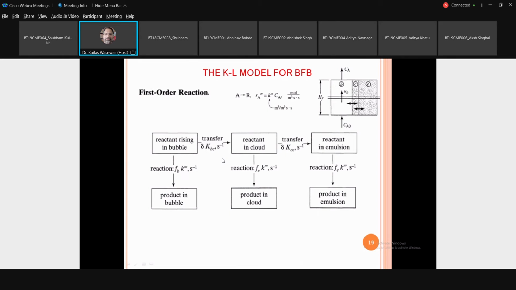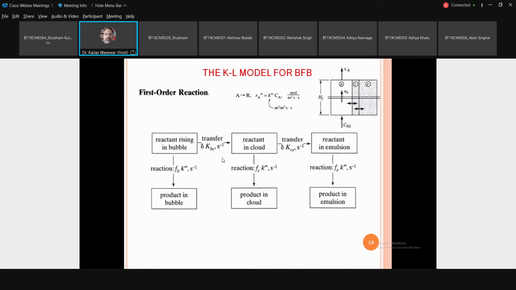Similarly, if you write RA for this particular one, it is the summation of these two minus this one. Then for the reaction in emulsion, this minus this one. By writing RA equal to this and eliminating the intermediate concentrations, we can reach the final expression.